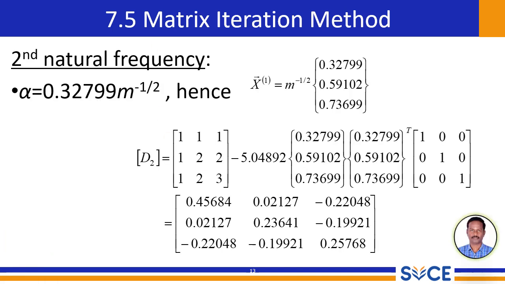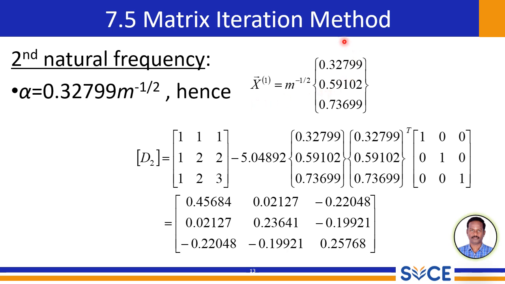Following the steps that we outlined in the previous slide, we now have the value for the scaling factor alpha. Alpha is approximately equal to 0.327 times the mass matrix to the power of minus one half, giving the normalized first mode shape vector with respect to the mass matrix.